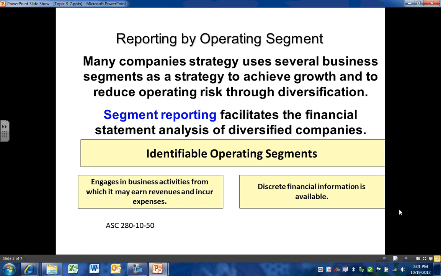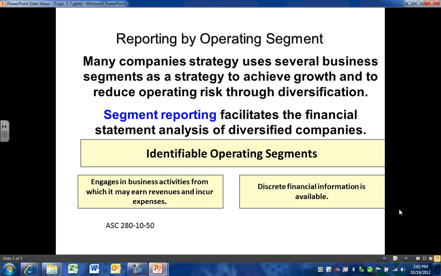In a large diversified business, companies often have a strategy to operate in several different types of industries or markets that allow them to achieve growth and also to diversify, which reduces risk.